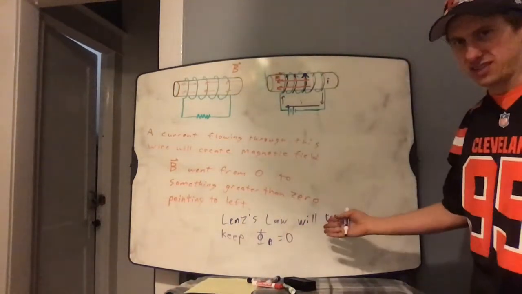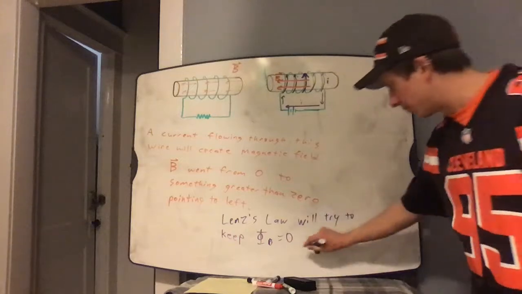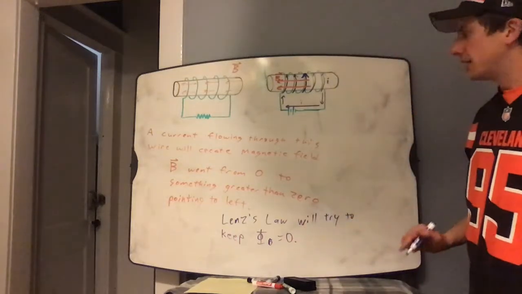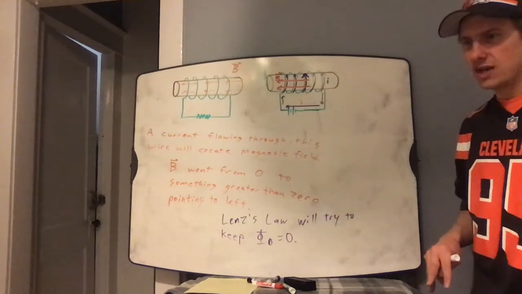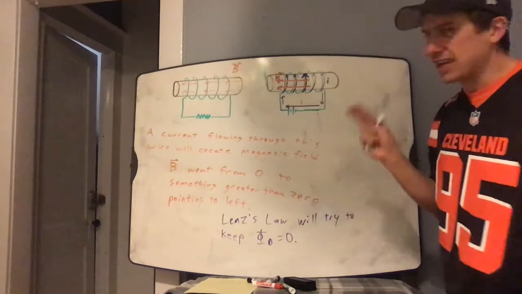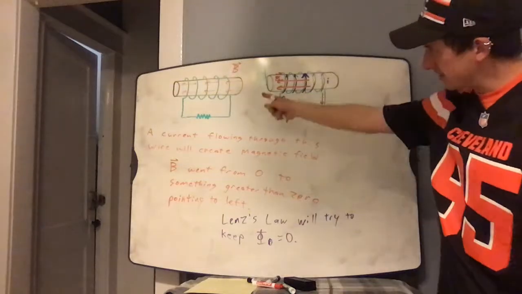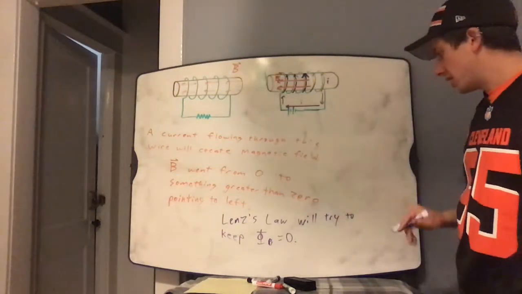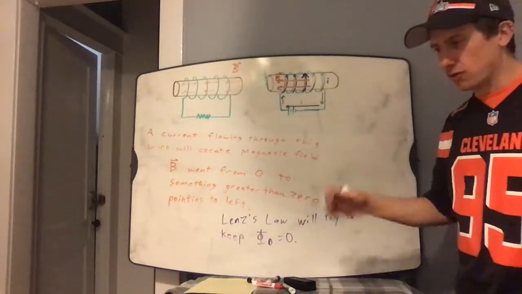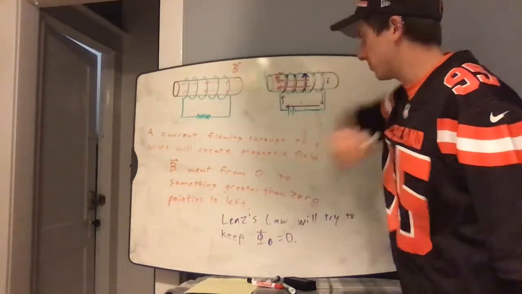It's not going to succeed, but it's going to try to keep the magnetic flux 0. The way Lenz's law will keep the magnetic flux 0 is by creating a second magnetic field that tries to cancel this magnetic field that is increasing. So the induced magnetic field is going to attempt to cancel this magnetic field.